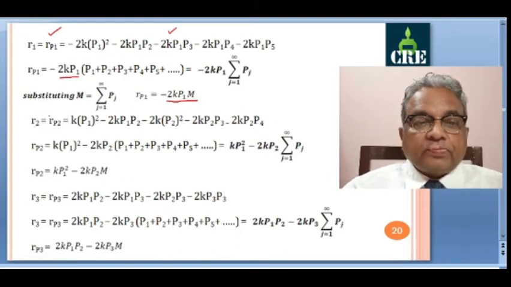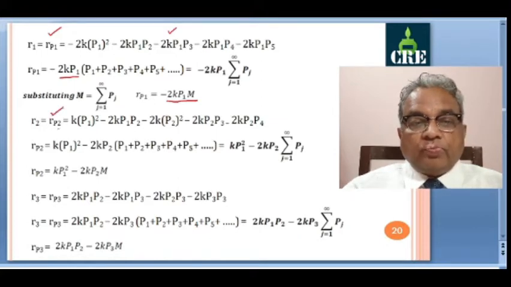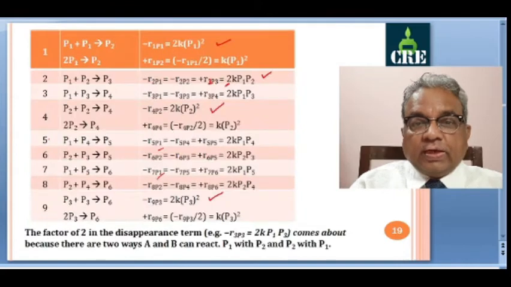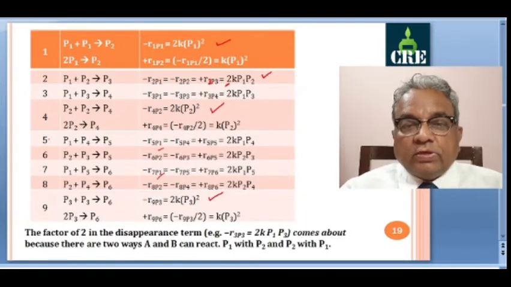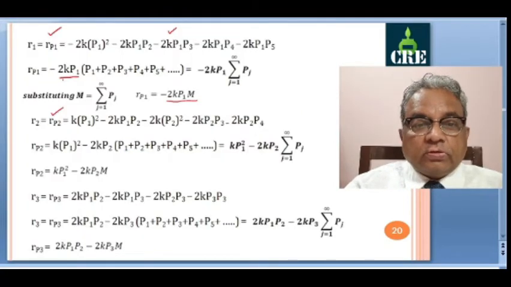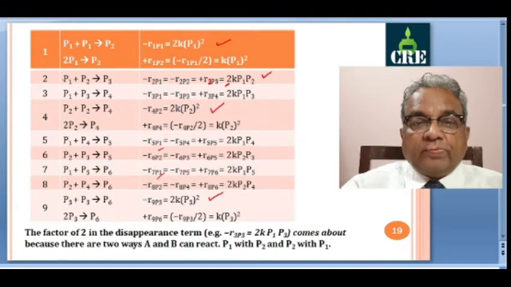Similarly, we will write R2, that is rate of formation of P2, Rp2. So where P2 is appearing, these reactions we will consider and the corresponding rate of loss. Rate of formation of P2 we are writing.